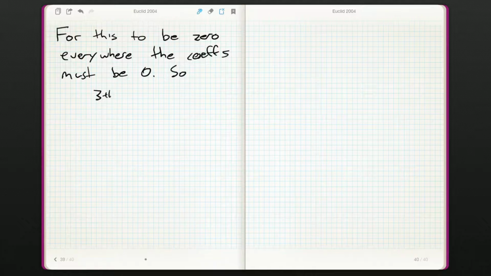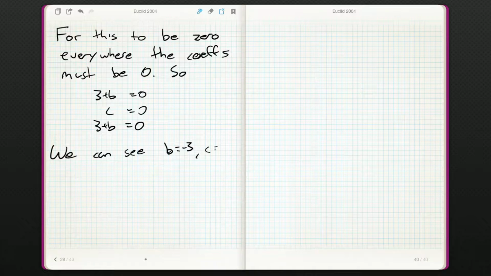So that means 3 plus b has got to be equal to 0, c has got to be equal to 0, and another 3 plus b is equal to 0. So we can see b is equal to negative 3, c is equal to 0. I might put a little box around this, but that's it.